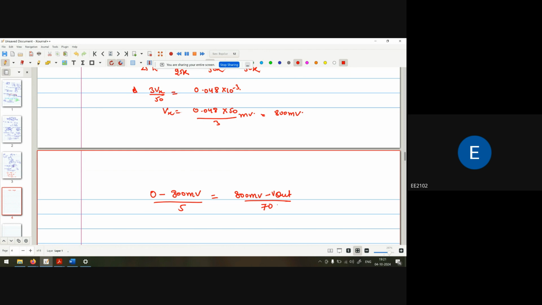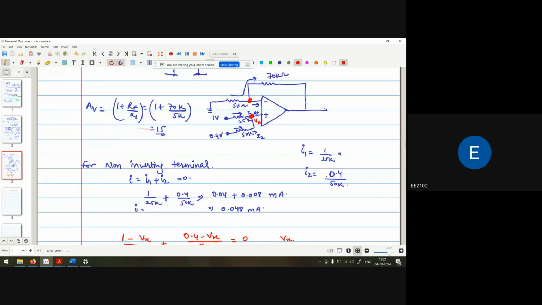No, actually, if it is 800 millivolts, I directly apply the formula. Vout is equal to Vin times 1 plus Rf by R1. Okay, and Vin is 800 millivolts, and 1 plus Rf by R1 is 15.